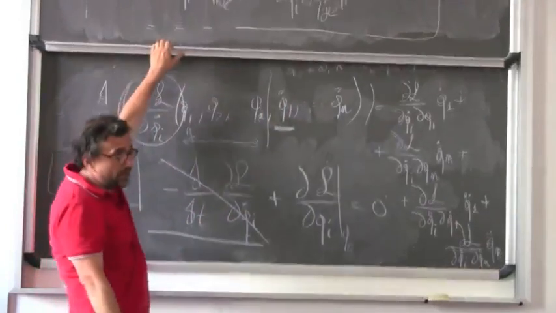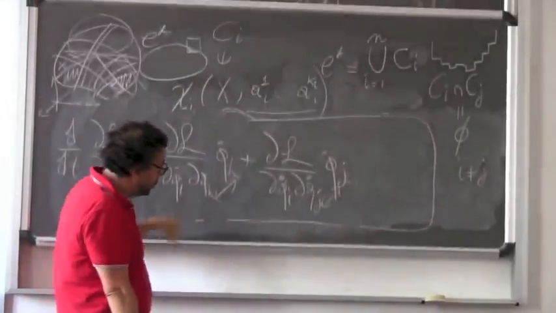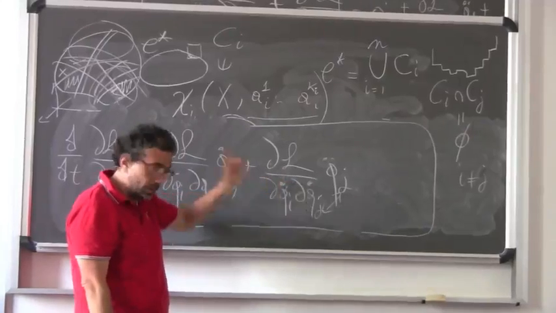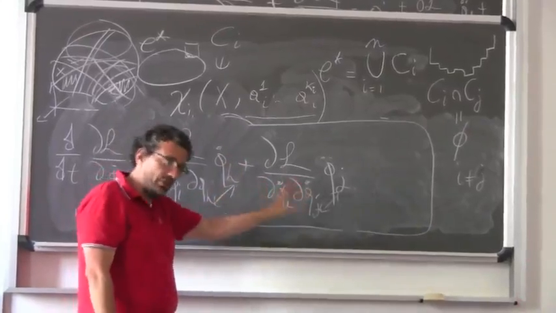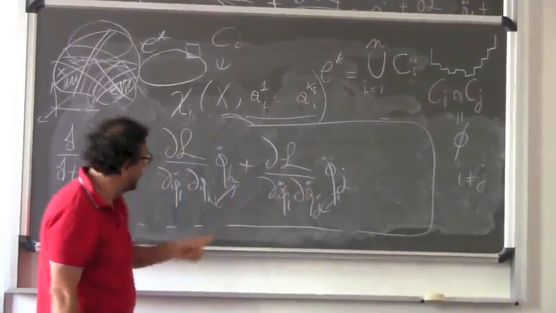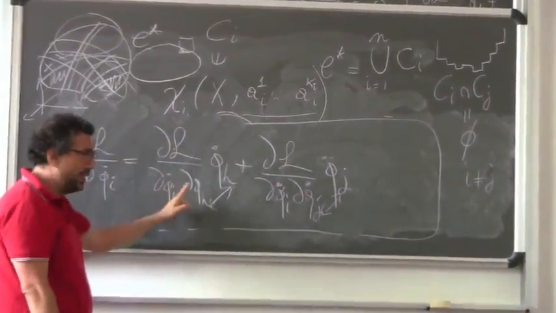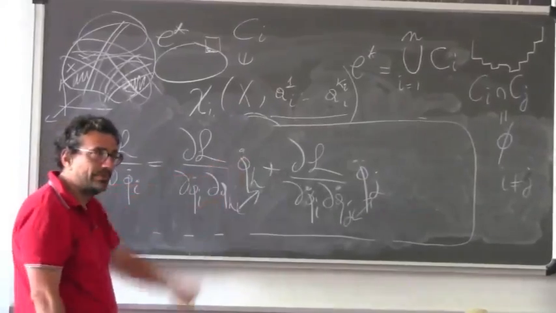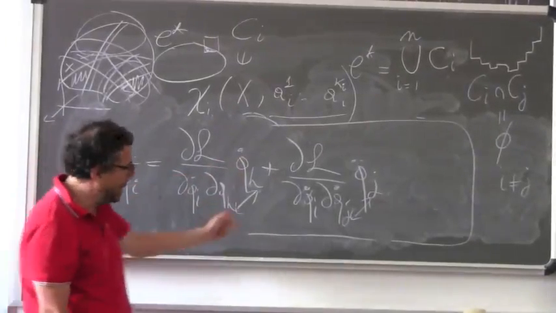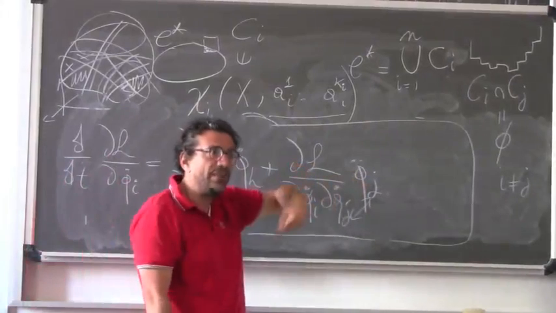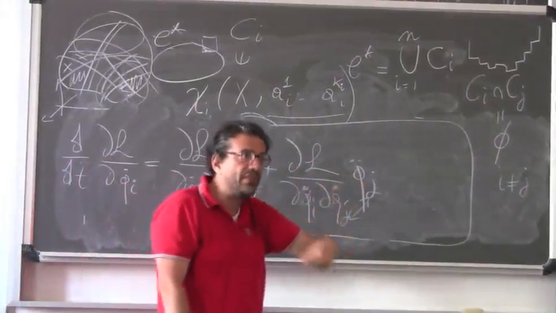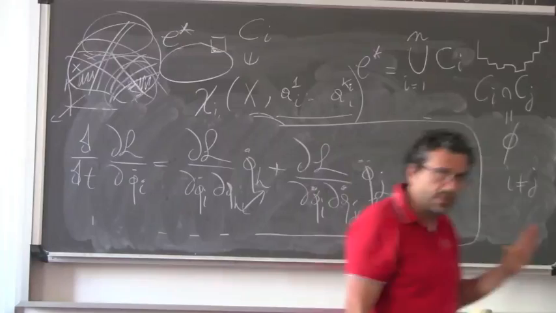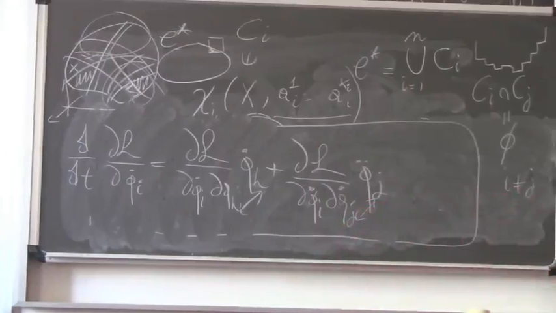You want 1 dot here and 1 dot here, which is 2. And here you have 1 dot and here without the dot. And here you have a double dot because you calculate the derivative of the first derivative, so you get the second derivative. Okay? Good.